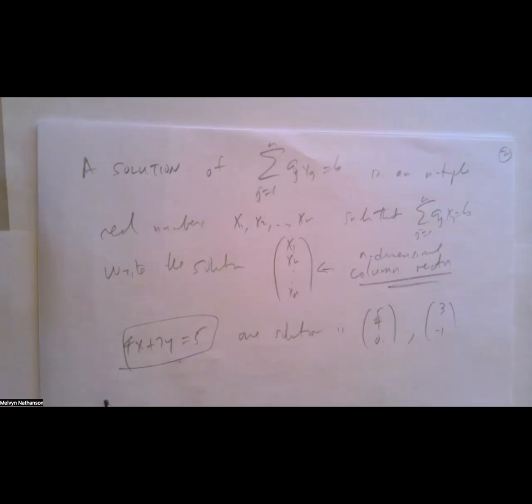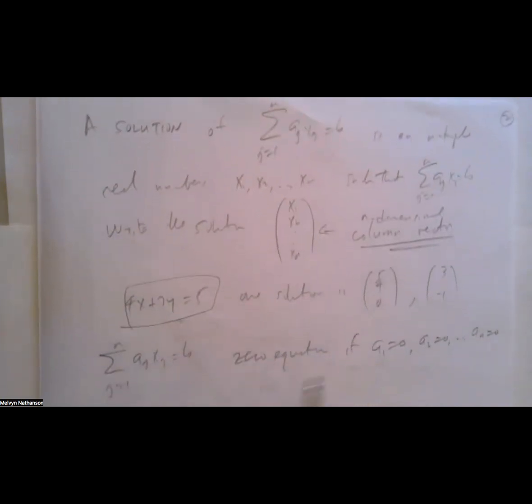And just as notation, summation a sub j x sub j equals b, we call this a zero equation if all the coefficients of the variables are 0.